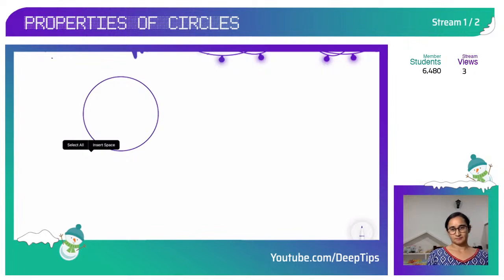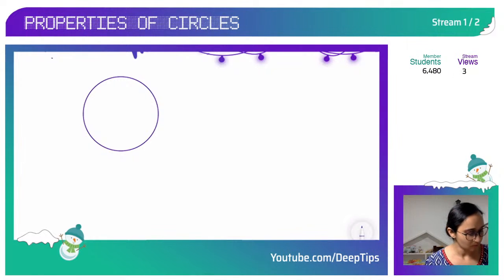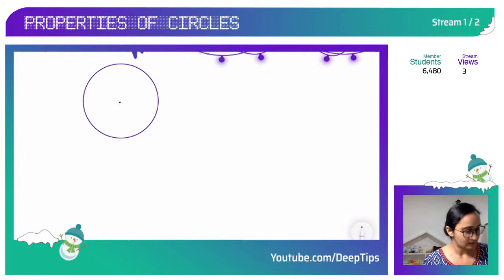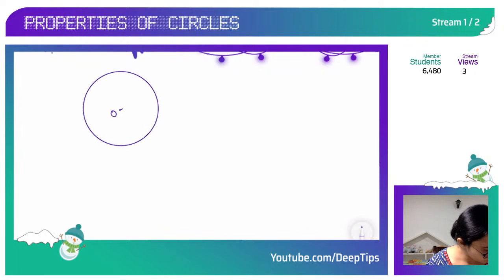our foundation, right? Okay, so you can see on my screen I have drawn a circle, and let's mark the center of the circle, O. Okay, so this is the center of the circle. Now if I draw a line segment from the center to the circumference, let's say this is OP, this is called the radius of the circle, right?